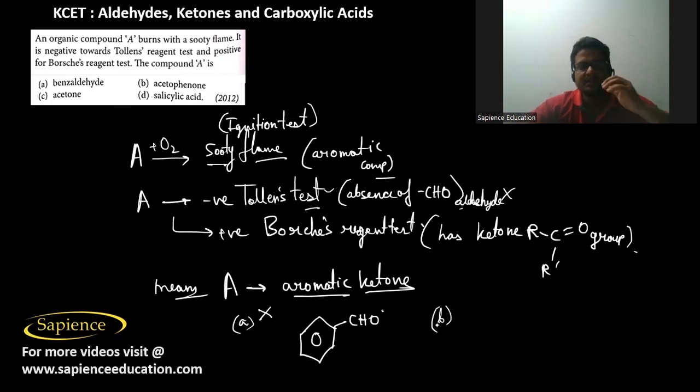And then in option B, it is acetophenone, which is CH3CO attached to the benzene ring.